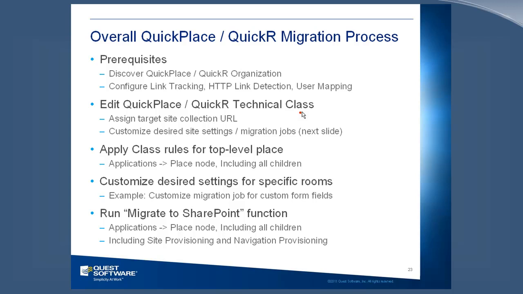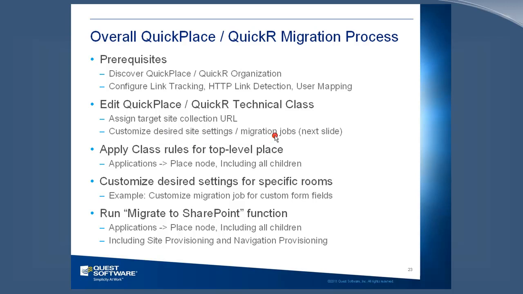So at a minimum, you're going to want to assign where this stuff goes. So you'll assign the target site collection for all the QuickPlaces. So you might say that all the QuickPlaces will automatically provision subsites underneath this particular site collection. And you can also customize anything else, and so we'll talk about that in a minute.